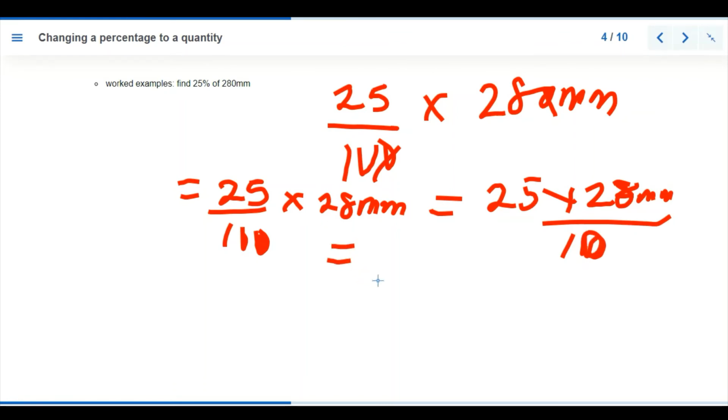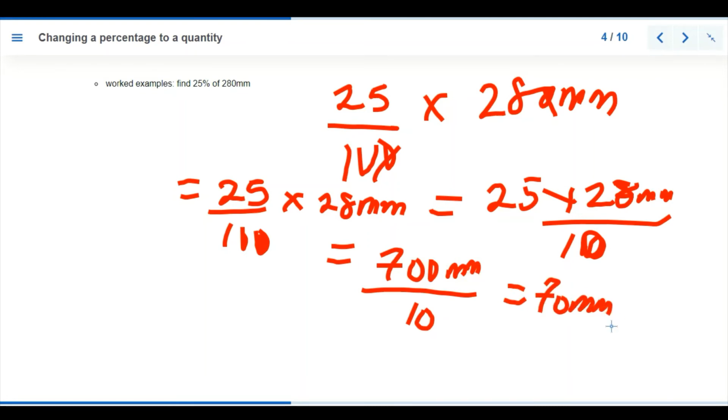Now if we do that, we are going to have 700 millimeters over 10. So 10 can go into 700 how many times? We have 70 millimeters, and that's going to give us the answer to 25% of 280 millimeters. So that's the solution to the problem.